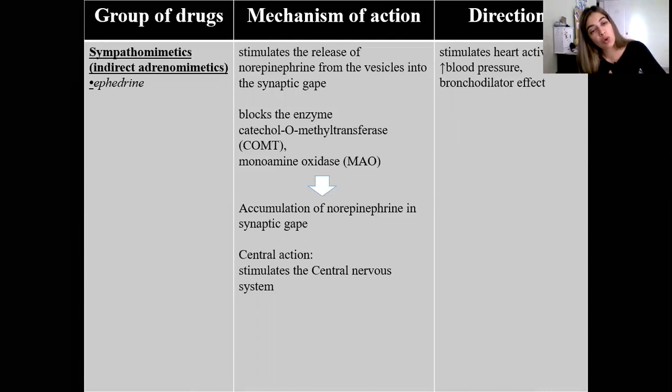That's why we should block the enzymes and prevent the destruction of our norepinephrine. So it helps us accumulate norepinephrine in the synaptic gap, and finally it will stimulate the CNS, stimulate the constriction of the blood vessels, and so on. Stimulate the heart activity and dilate the bronchi.